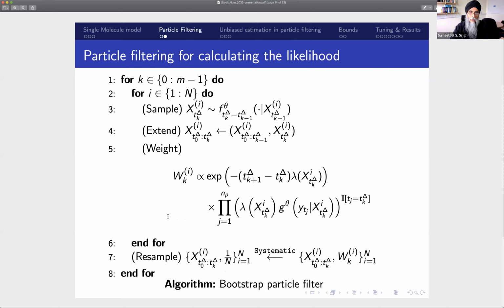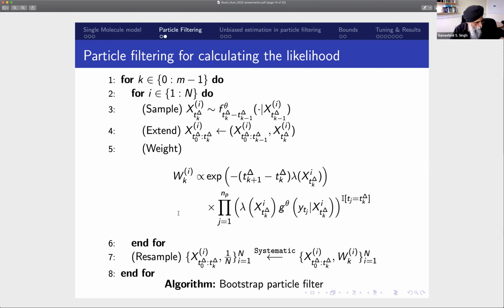So here is the particle filtering algorithm for unbiasedly estimating the discretized likelihood. I'm not going to go through the algorithm in detail, other than to highlight, for those of you who know particle methods, what the weight is in the resampling step of the particle filter.